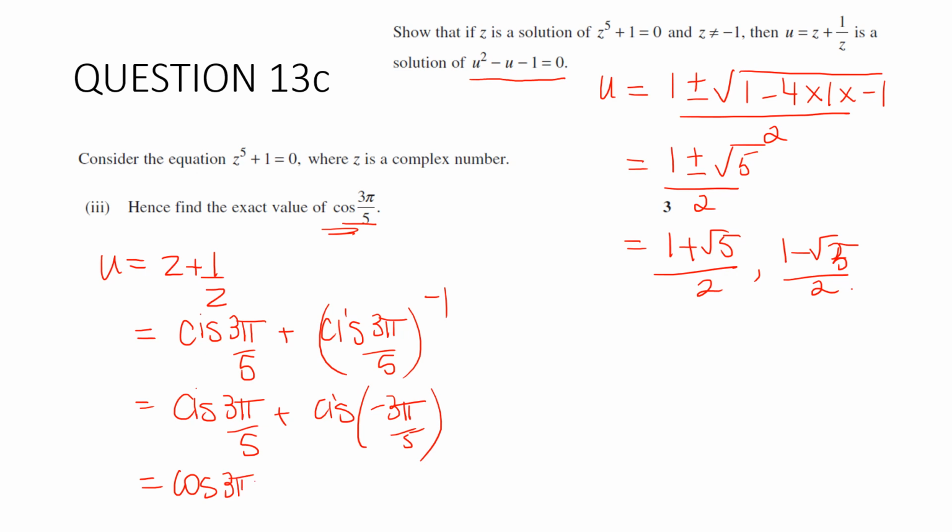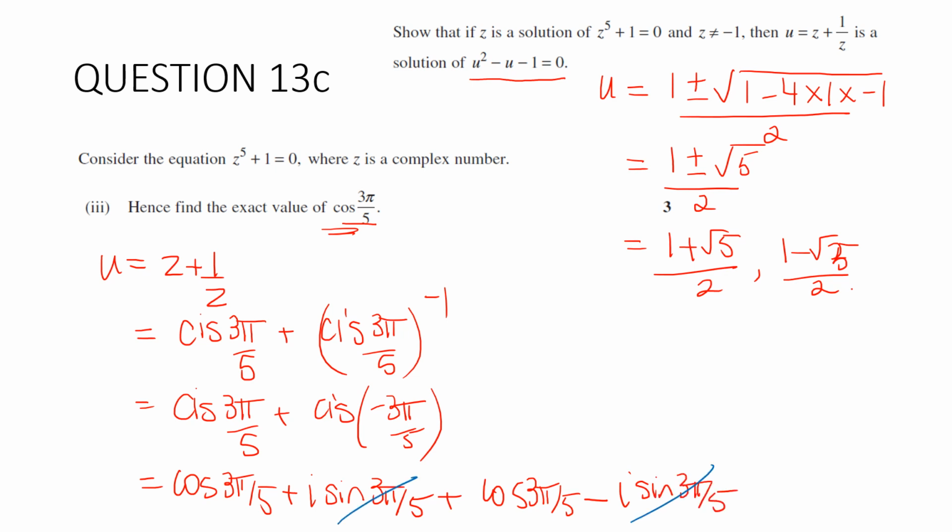Cos 3 pi on 5 plus i sine 3 pi on 5 plus cos of -3 pi on 5, because cos is an even function, so that's cos 3 pi on 5. And then plus i sine of -3 pi on 5. Sine is an odd function, so this is going to become minus i sine 3 pi on 5. These guys cancel out, and we end up with 2 cos 3 pi on 5.